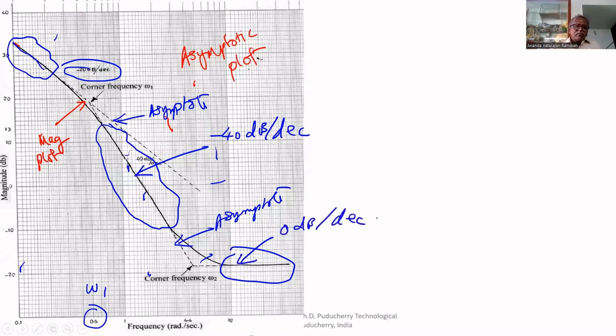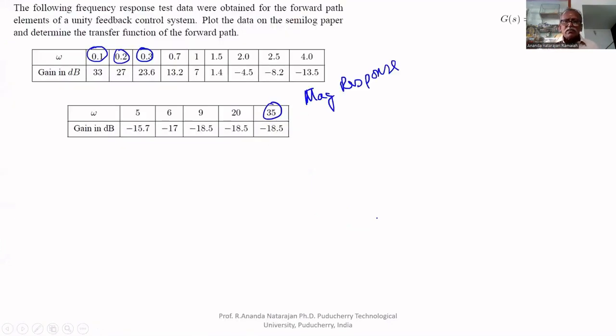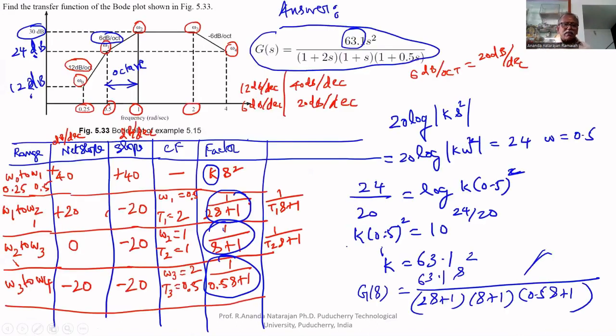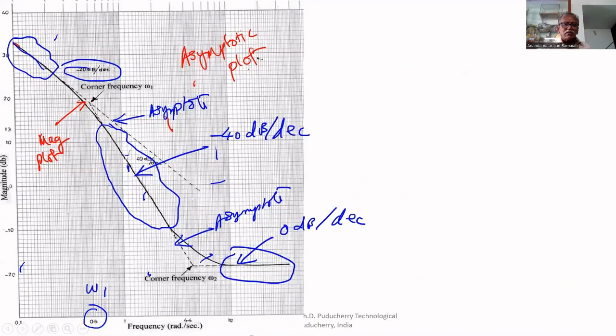Now we will find the transfer function. We know that it has one S because initially it is not horizontal, it is inclined at minus 20 dB. Therefore, K by S, and one first order factor in the denominator because it has a minus 20 dB slope here.